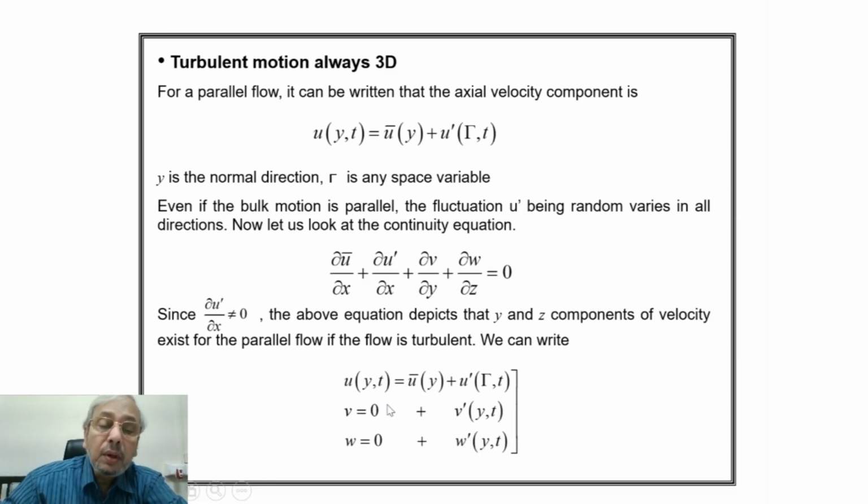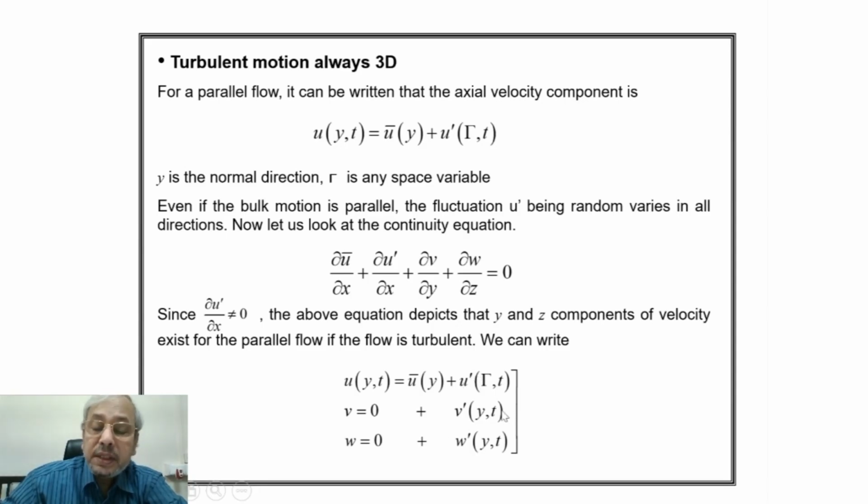Even though time mean velocity of v is 0 and time mean velocity of w is 0, at any instant there is fluctuation of v and w since fluctuation in u is present.